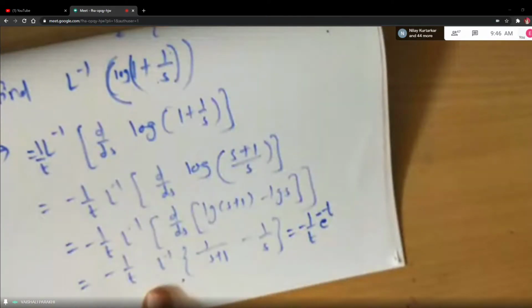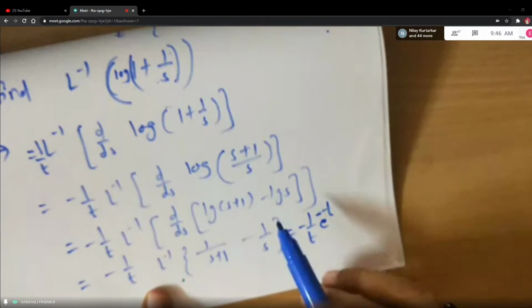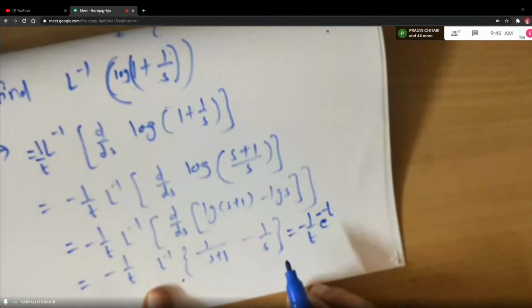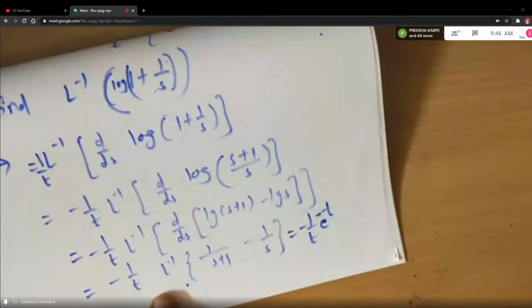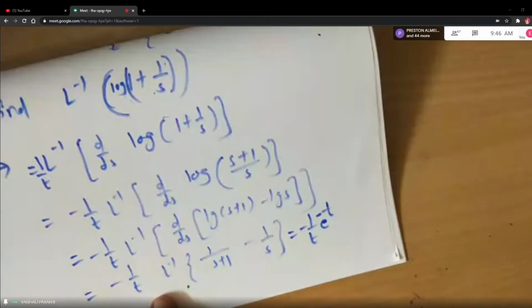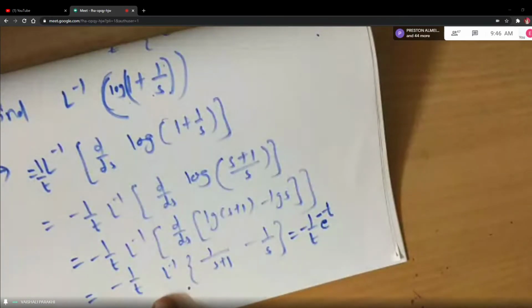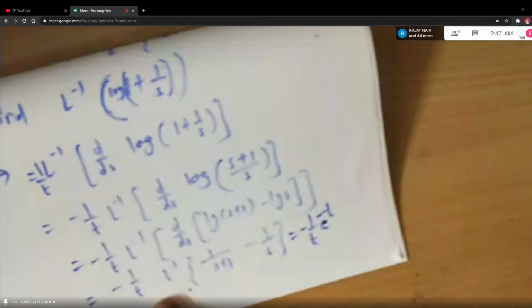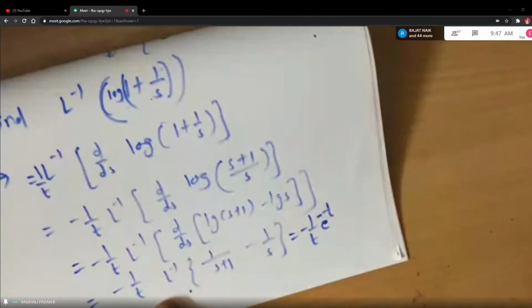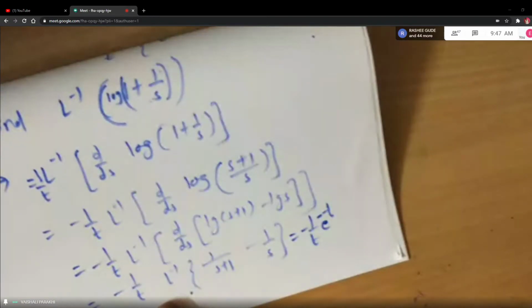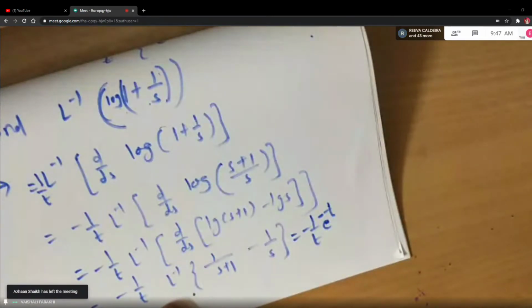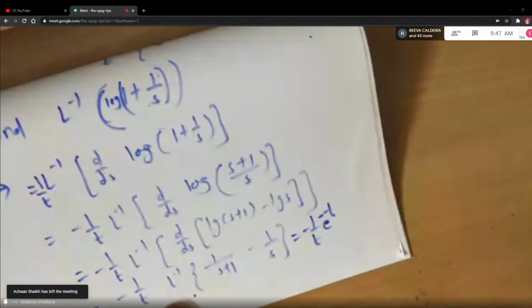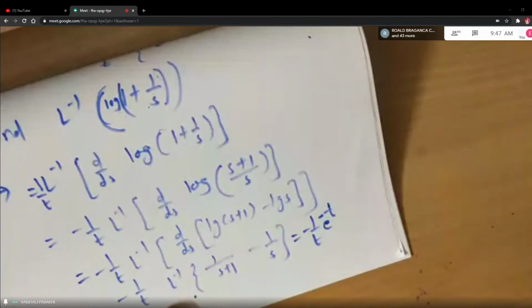Who can tell me? Azan, can you tell me what is L inverse of 1 upon s? Azan, can you hear me?